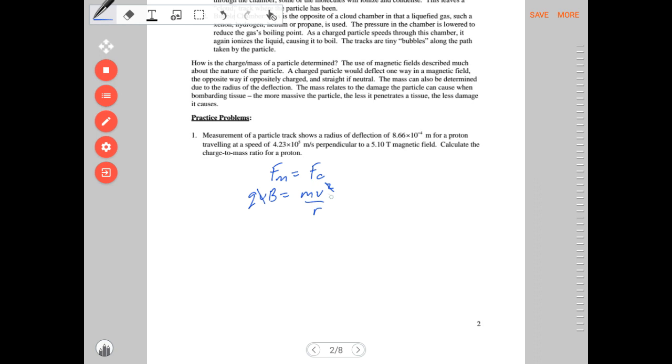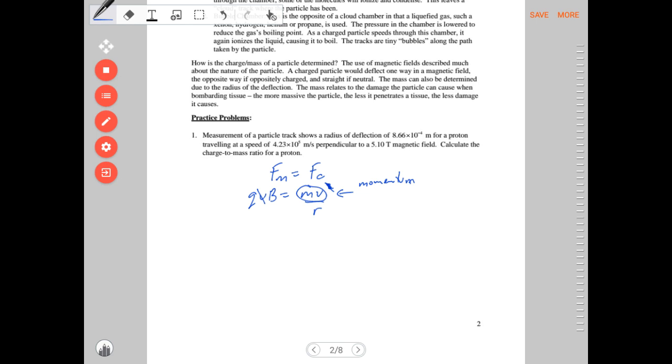Now, it's important to note at this point that mv is momentum. So every now and then they'll give you the particle's momentum and say, go from there. You might get a little confused by that because, wait a sec, what cancels? But remember, once the squared part cancels, this is just momentum.